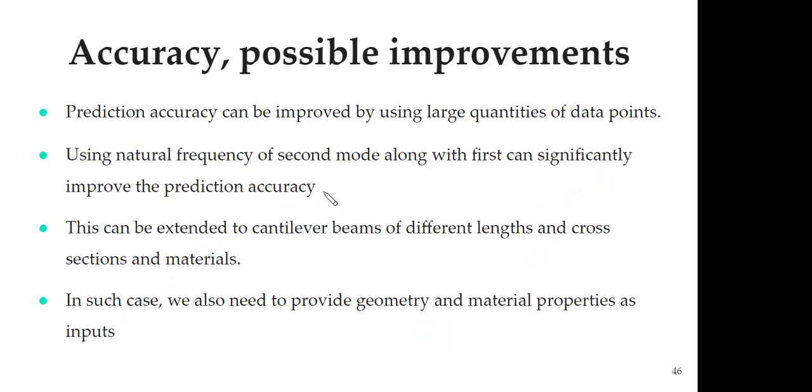Using the natural frequency of the second mode as well along with the first mode can significantly improve the accuracy. This method can also be extended to cantilever beams of different lengths, cross sections and materials. We need to do many more experiments and collect the data for that. In such cases, we also need to provide the geometry and material properties as inputs.